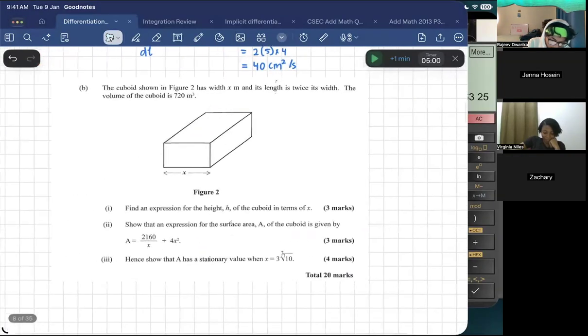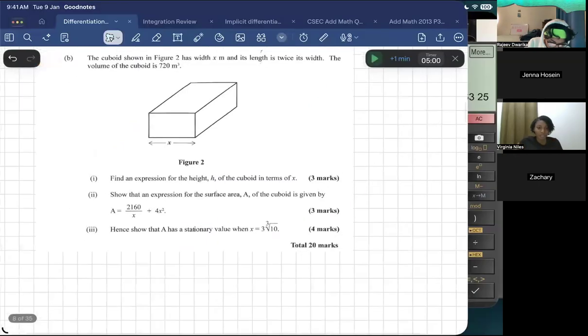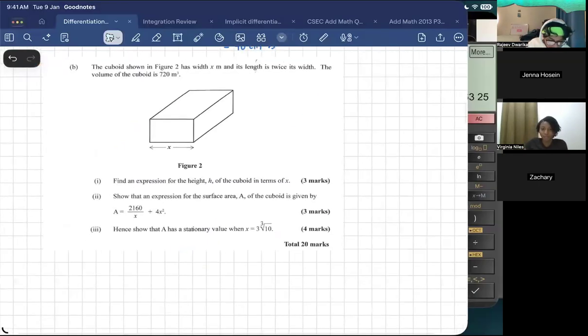Cool. So Virginia, get this question and read for me. The cuboid shown in figure 2 has a width of x meters and its length is twice its width. The volume of the cuboid is 720 meters cubed. 1. Find an expression for the height h of the cuboid in terms of x. 2.